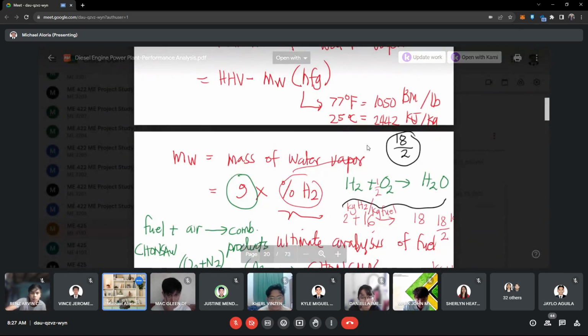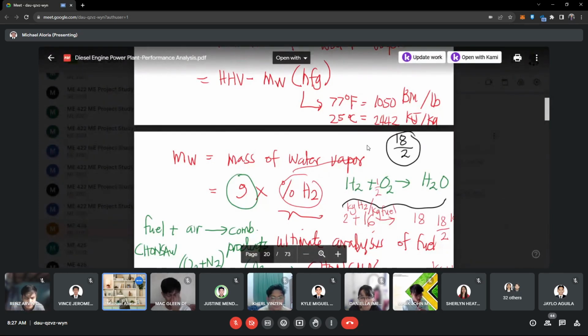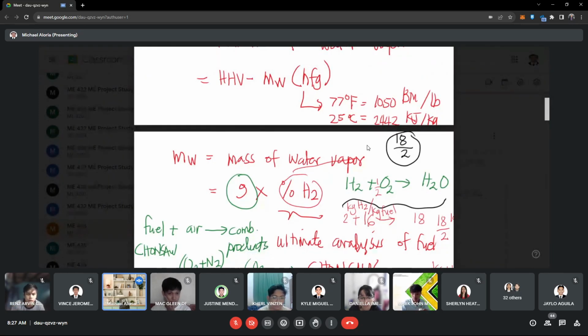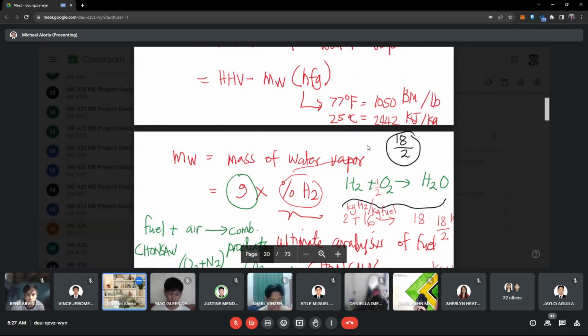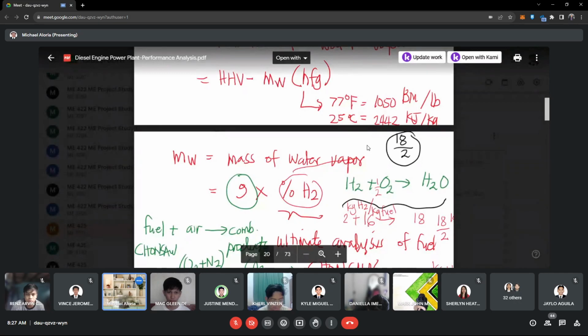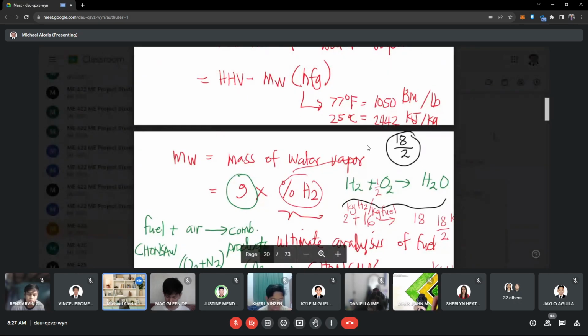Okay? So, how did we get the 9? This is basically 18 over 2. If you write the combustion equation, hydrogen plus oxygen will form water. Hydrogen will oxidize to form water. So, that is what happens in our combustion equation. So, we have 2 plus 16 at the reactants, which will yield 18 at the product.